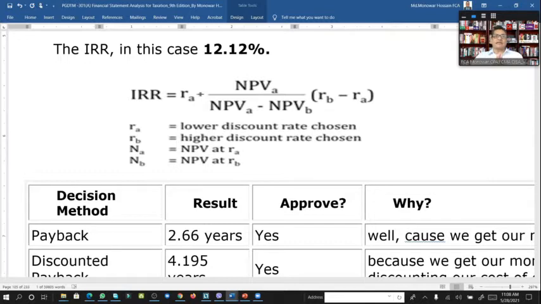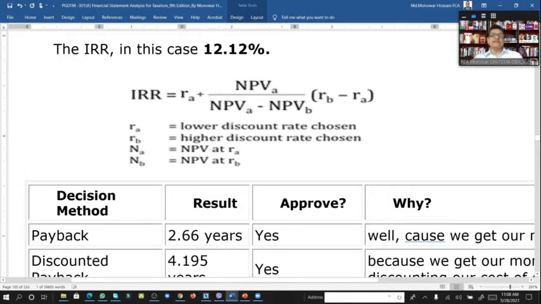the actual IRR. So IRR equals, here at rate 1, that means PV factor, we are taking two PV factors, one is 10%, another is 15%.